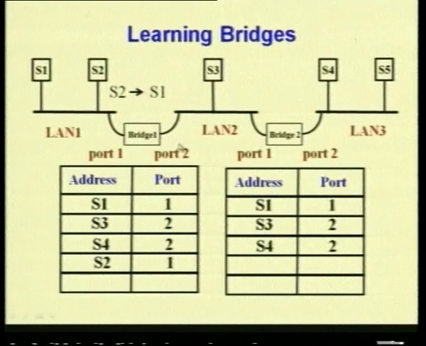So once enough transmissions take place and the address information of the nodes is available at the bridges, they will not just forward all frames, but will selectively forward frames. So this is how the learning takes place.